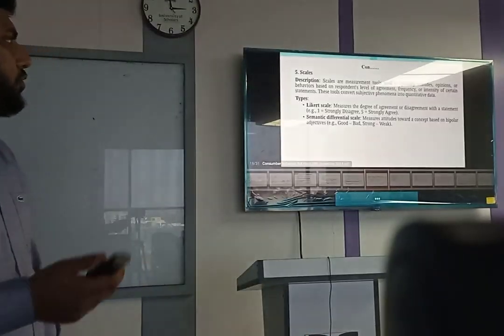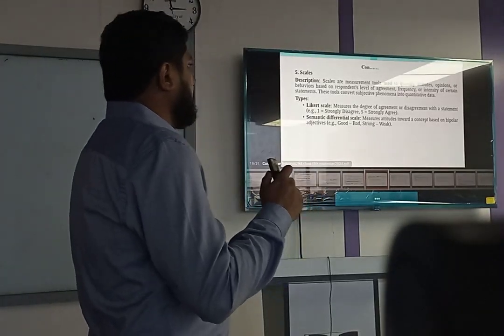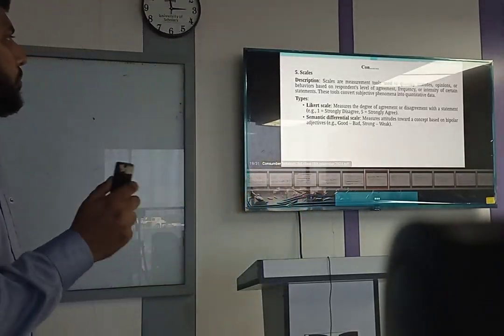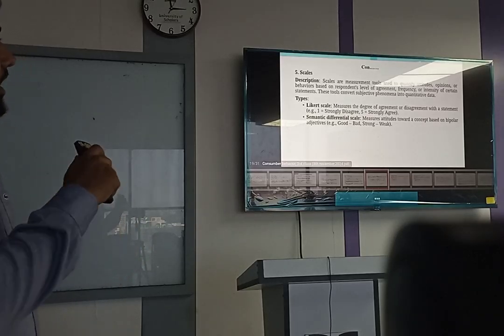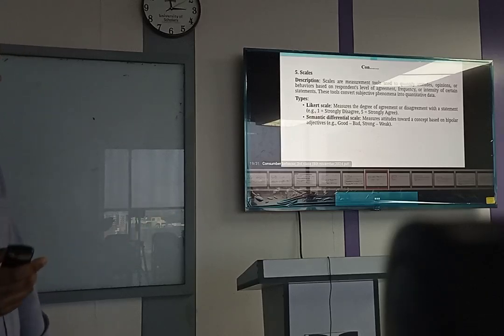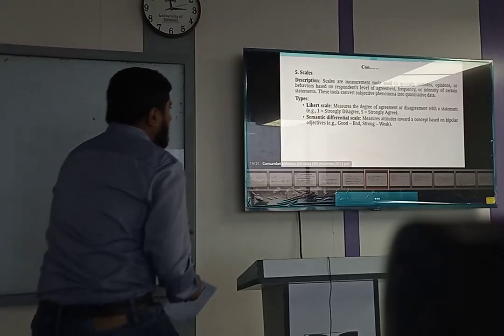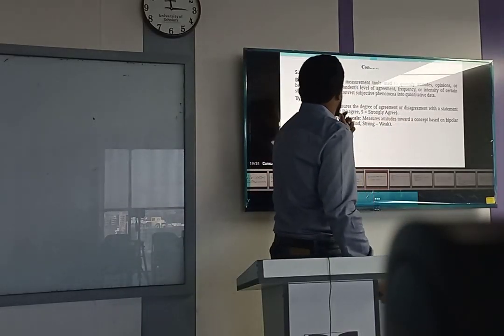Scales are measurement tools to quantify attitudes, opinions or behavior based on respondents' level of agreement, frequency or intensity of certain statements. Suppose Likert scale measures the degree of agreement or disagreement with a statement.